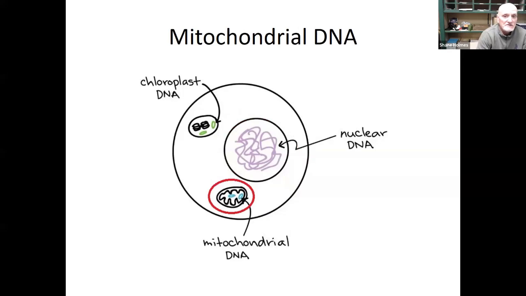Then we have mitochondrial DNA, which is a special type of DNA found in the mitochondria, which are parts of the cells that produce energy. Unlike the nuclear DNA, mitochondrial DNA is passed down only from the mother, making it easy to trace maternal ancestry.